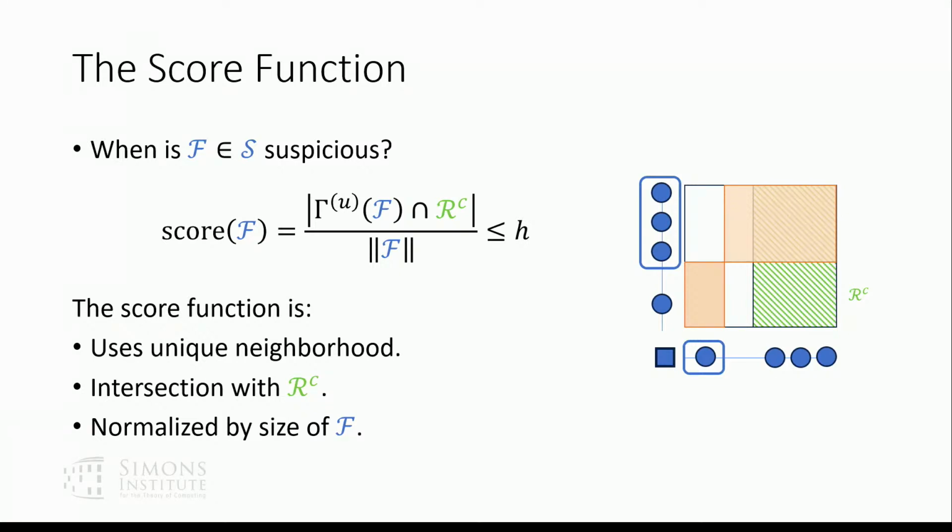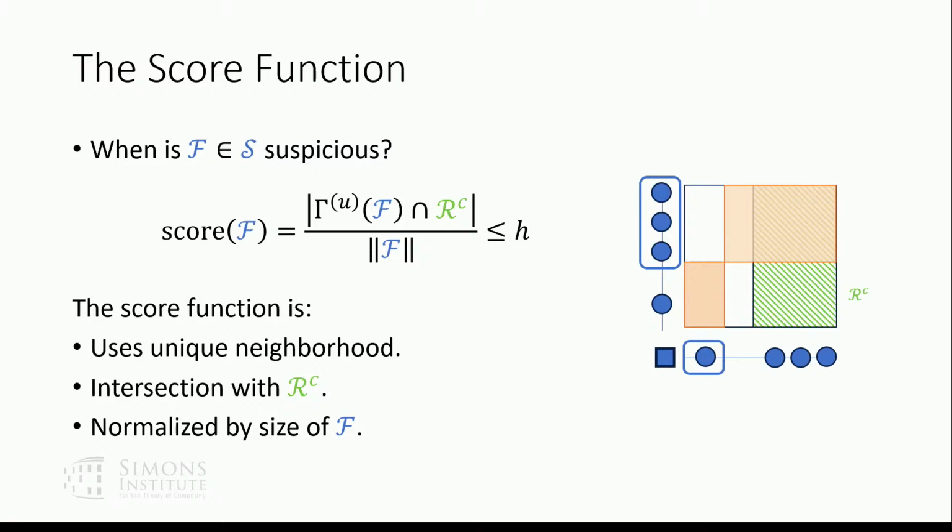And what's not straightforwardly clear from this format is that this score function takes into account the structure of F, because different Fs, even if they're the same size, have different sizes of unique neighborhood. Sort of what it means is that these sets that are more like half-half have smaller unique neighborhood.